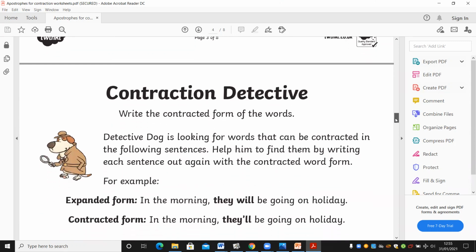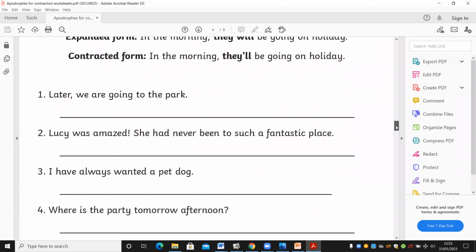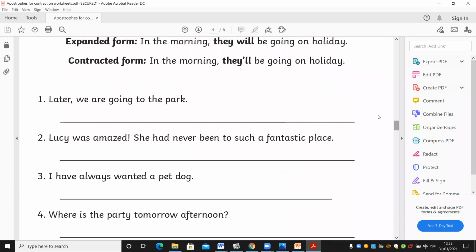In the third activity, which is called Contraction Detective, you are given a sentence with the expanded form of the words. For example, in the morning, they will be going on holiday. And your task is to write the sentence with the contracted form of the words. So, for example, in the morning, they'll be going on holiday. Can you see, children, instead of they will, which is the expanded form, we have written they'll, which is the contracted form.